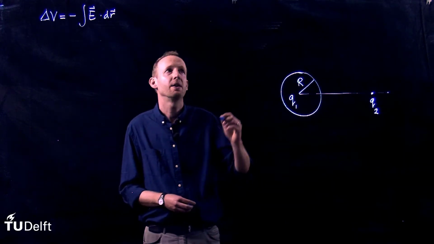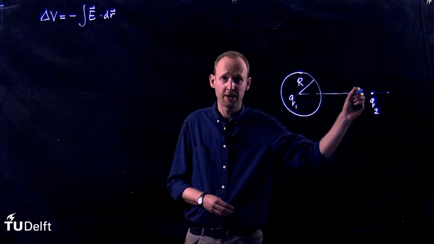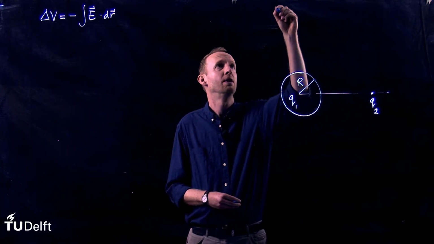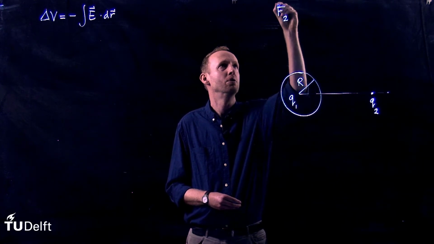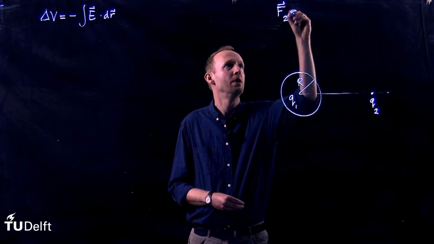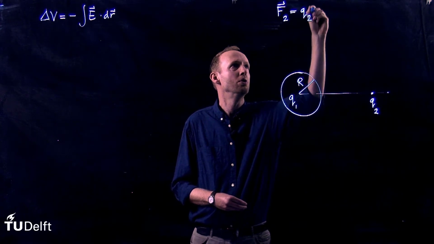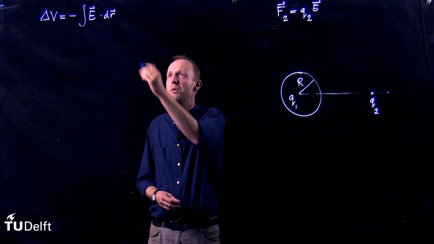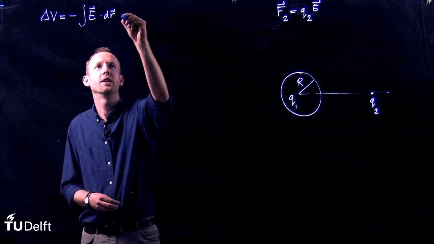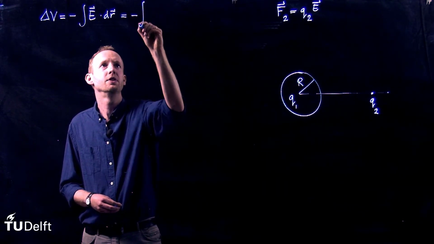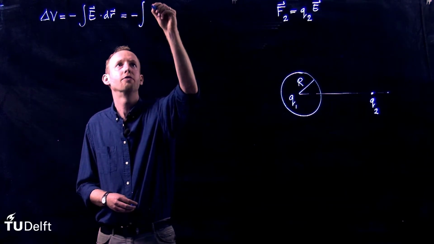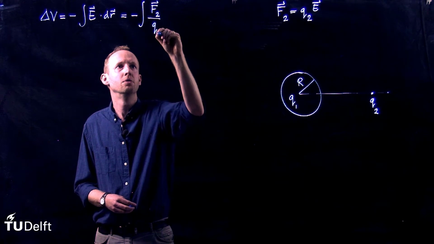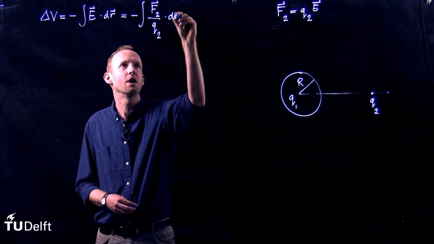Now we know that the force acting on charge Q2 is the Coulomb force, F2, which can also be written as Q2 times E. So we can rewrite this expression as minus the integral of F2 divided by Q2 times dr.